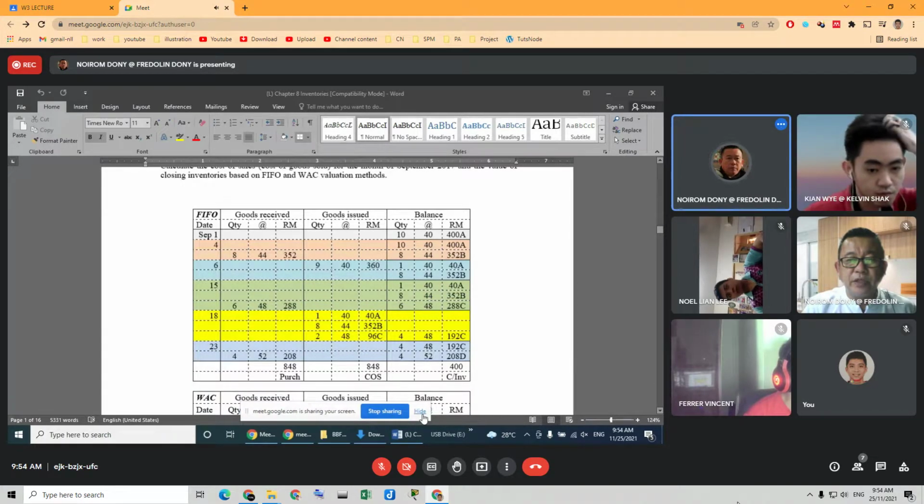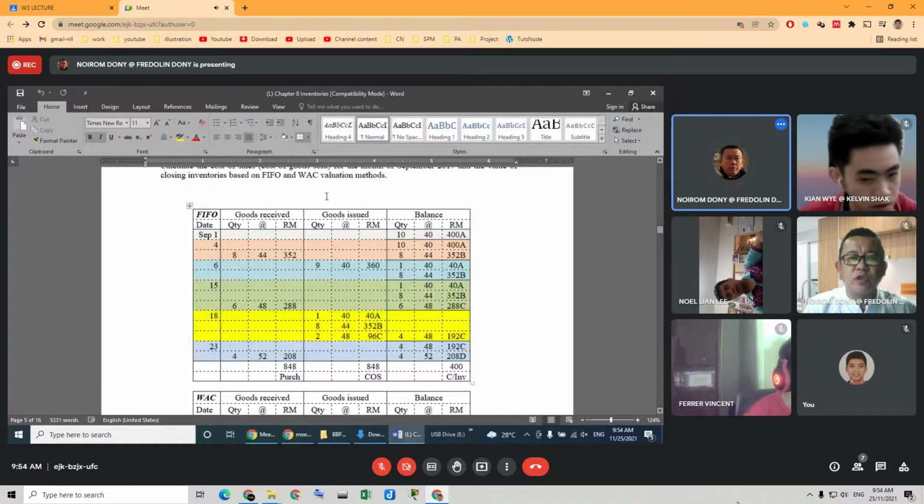So this is in columnar form. Remember, what do you call this? This is what we call a stock ledger card, because this is inventory, isn't it? Or they call it a bin card, B-I-N, bin card.